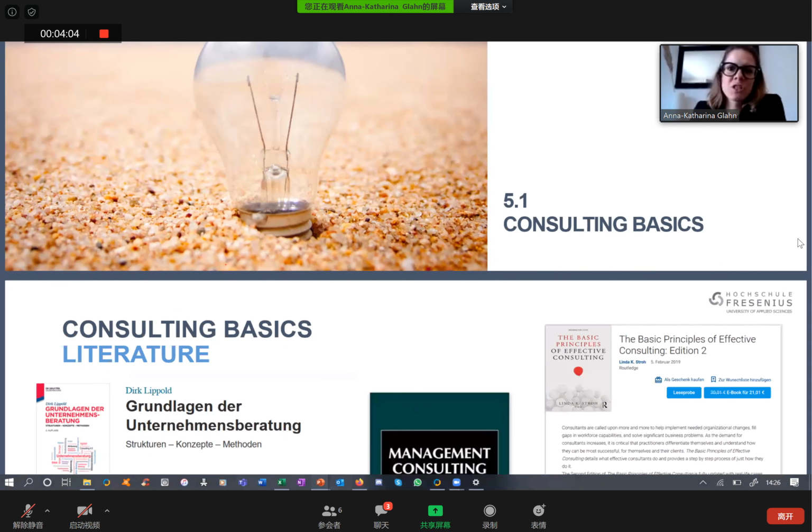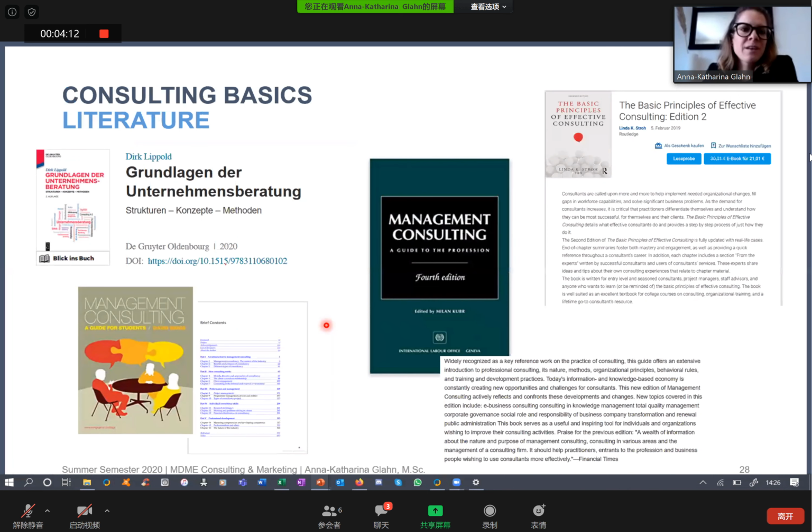I brought some literature. As you can see, the book on the left side, it's German. A lot of the content of the presentations within the next weeks are based on this book. I'm really sorry, but I didn't find the English version, and I did a lot of research, but I found other English books that do also have similar content. And this is Management Consulting, a guide for students.